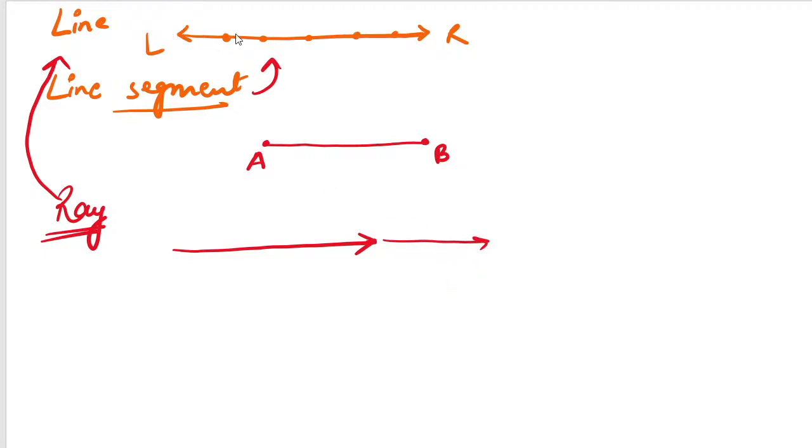A line can go endlessly in both directions, left and right, but a ray can go only in one direction endlessly, and it starts from a point. So let's say we have P and Q, so it can move only to one side endlessly.